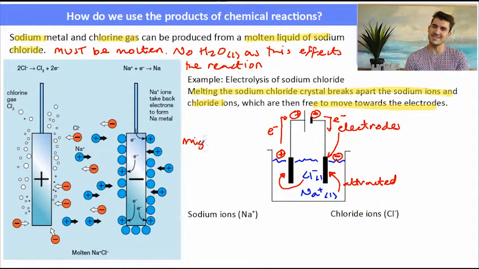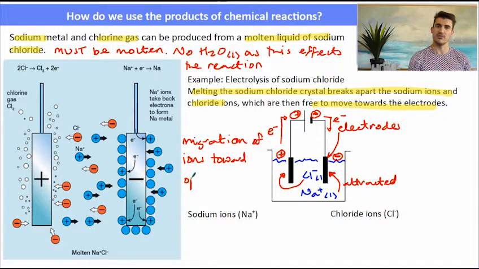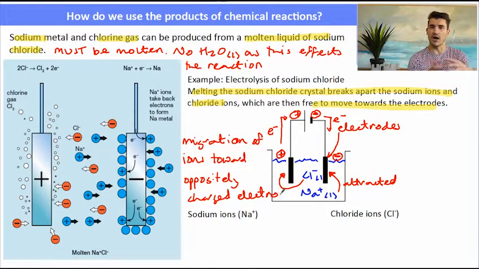The chloride, it's negatively charged, so it will be attracted to the positively charged electrode. We call this a migration of ions, and this migration allows the current to flow in the solution. Electrons can't swim, so the electrons don't move through the solution. It's just the ions that move to the positive or negatively charged terminal.